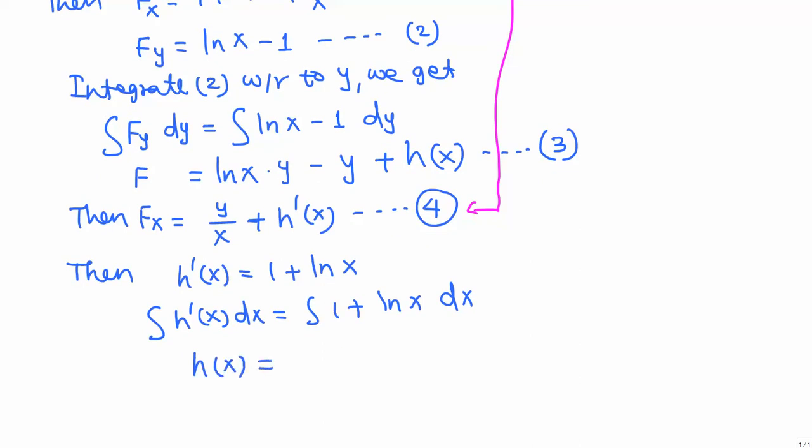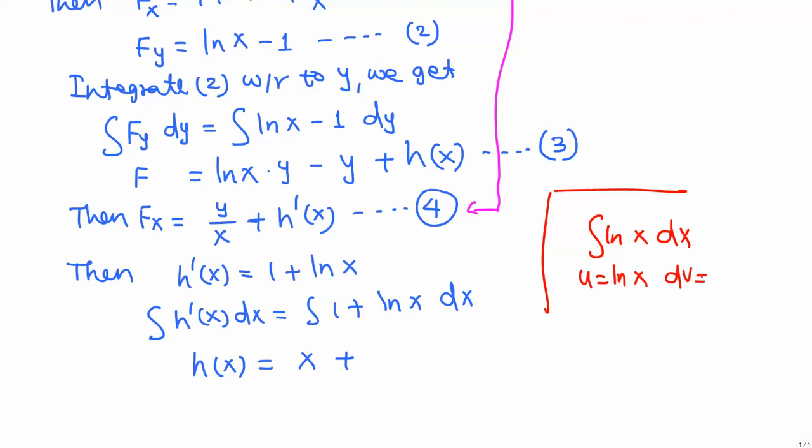The antiderivative of 1 is x plus, now the question is, what is the antiderivative of natural log of x? We need to go back and use integration by parts, from calculus 2. So u is natural log of x, dv is just dx, so du is 1 over x dx, and v is just x.